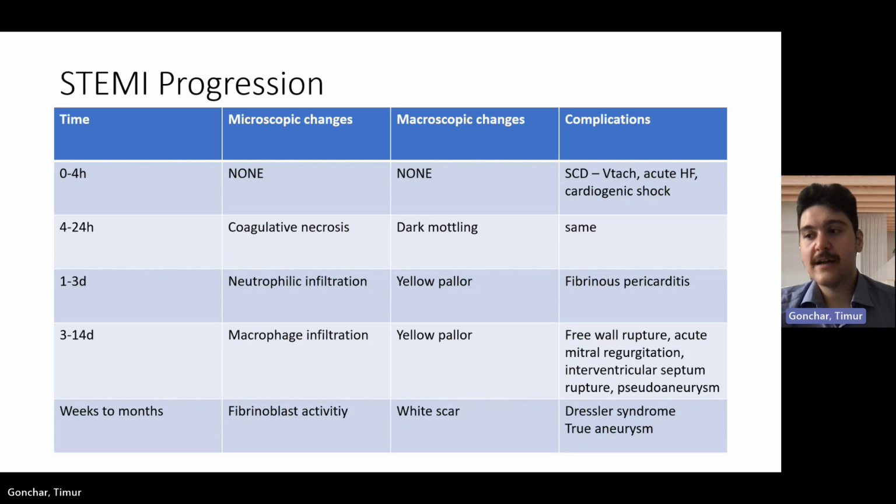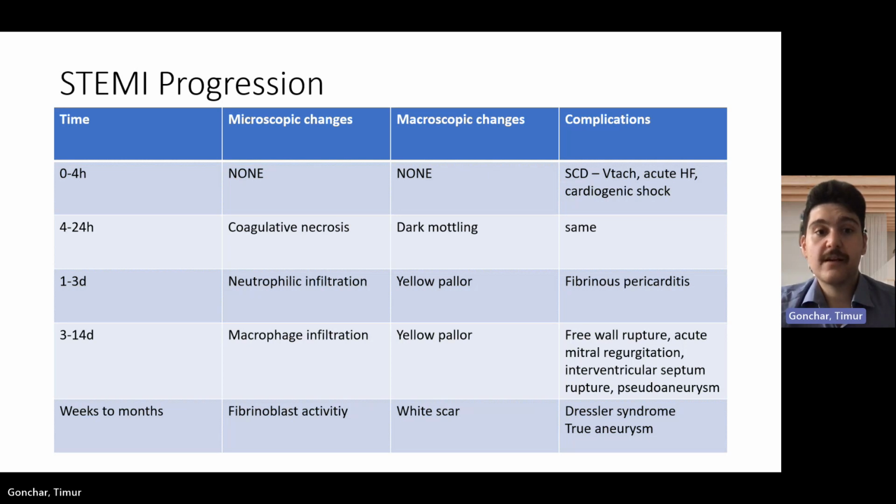The nucleus will start shrinking, and then there will be a complete lysis of the nucleus, nucleolysis basically. And macroscopically, you will see some dark mottling, which is typical for a coagulative necrotic process.